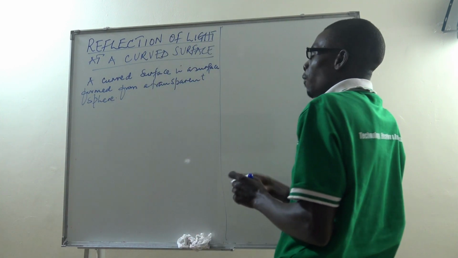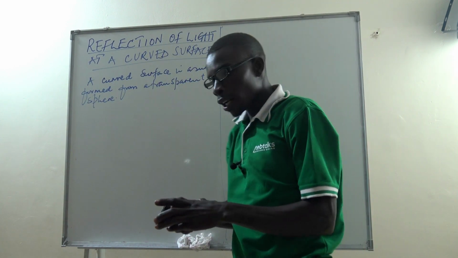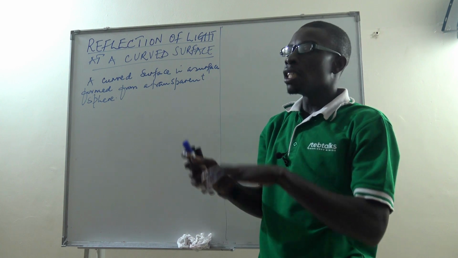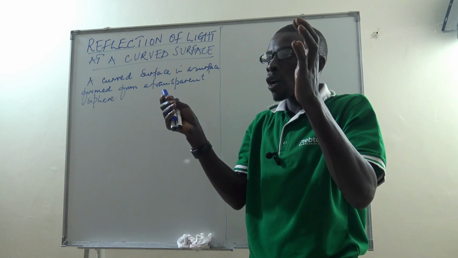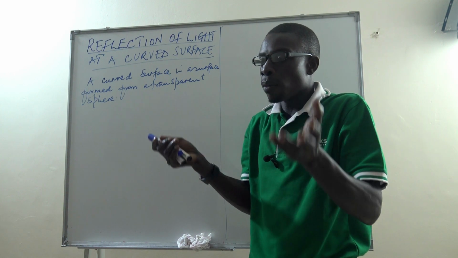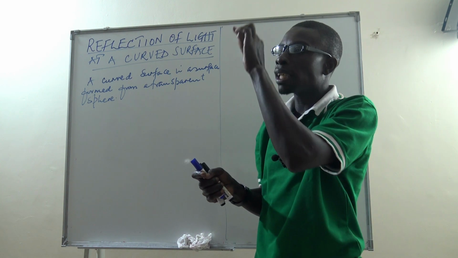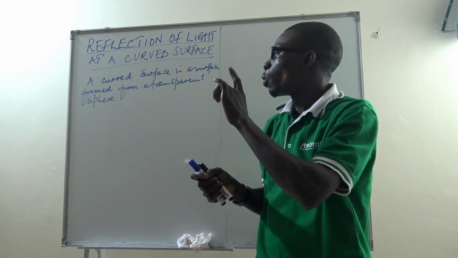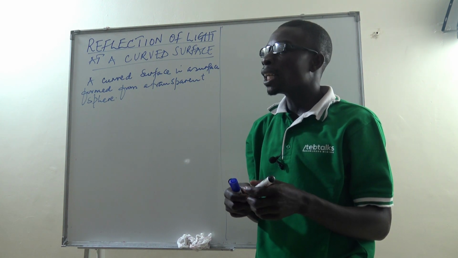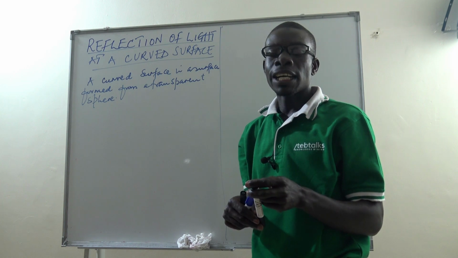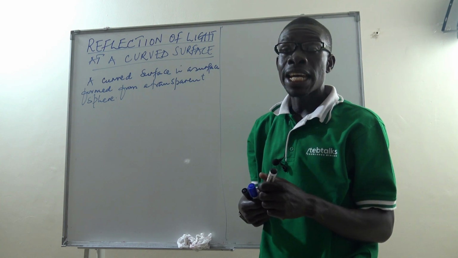Okay? So if we have a transparent sphere, I hope you know what a sphere is, in the shape of a ball. If we have a surface which is transparent and spherical like a ball, and we happen to cut out something very small and circular, what will come out is what we call a curved surface, which, if we paint it, can bring what we call a curved mirror.